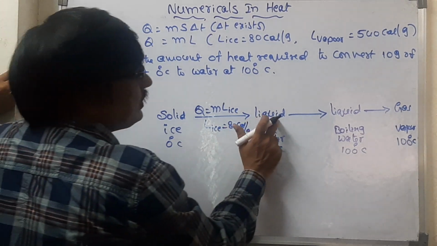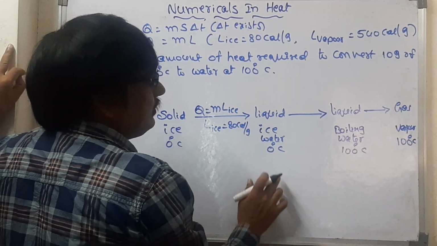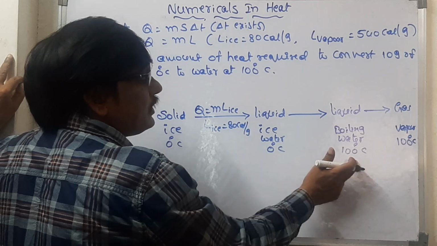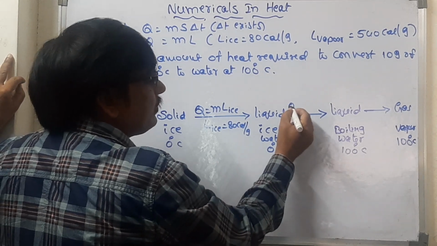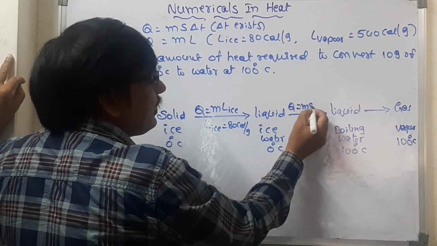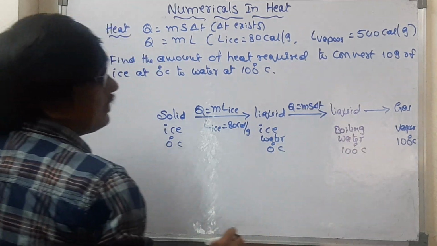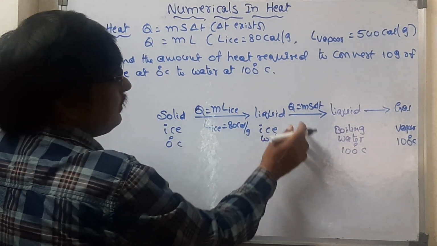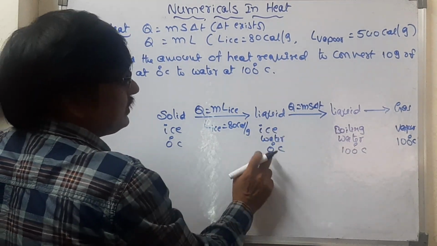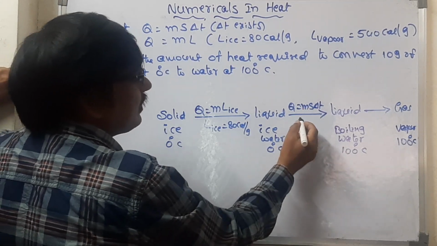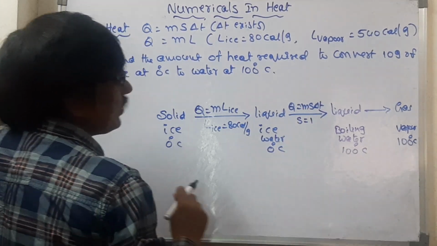So what about this one? Liquid to liquid again, but there is a change in temperature. So what formula should we apply? Q is equal to M s delta T. Because a change in temperature is there, that means M s delta T. Keep the S value in mind, that is 1.